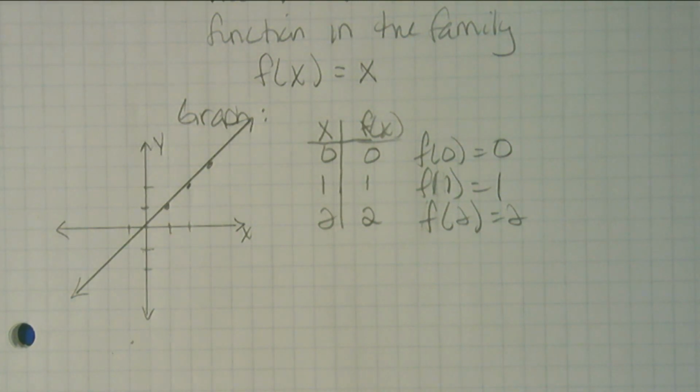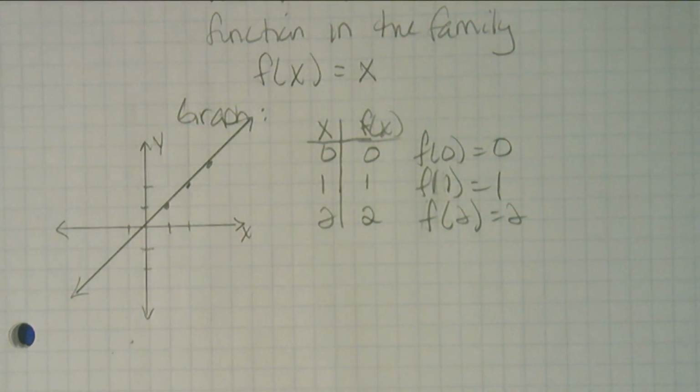Now, I want us to look at different functions, and if you have 2 different color pens or pencils beyond your pencil, I want you to use them, because we're going to graph the parent function and two other functions on the same graph.